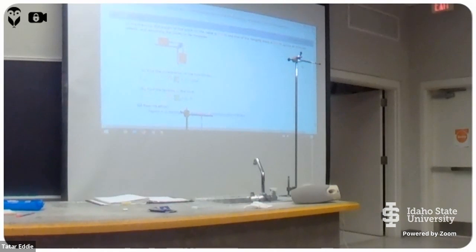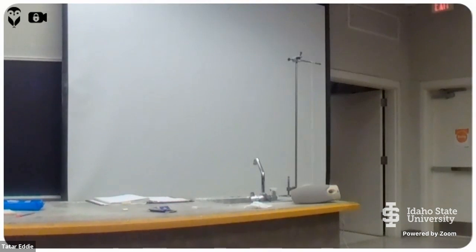So T1 is going to be equal to m1 times, instead of acceleration, you write the weight of the second divided by (m1 plus m2). So this is the tension.